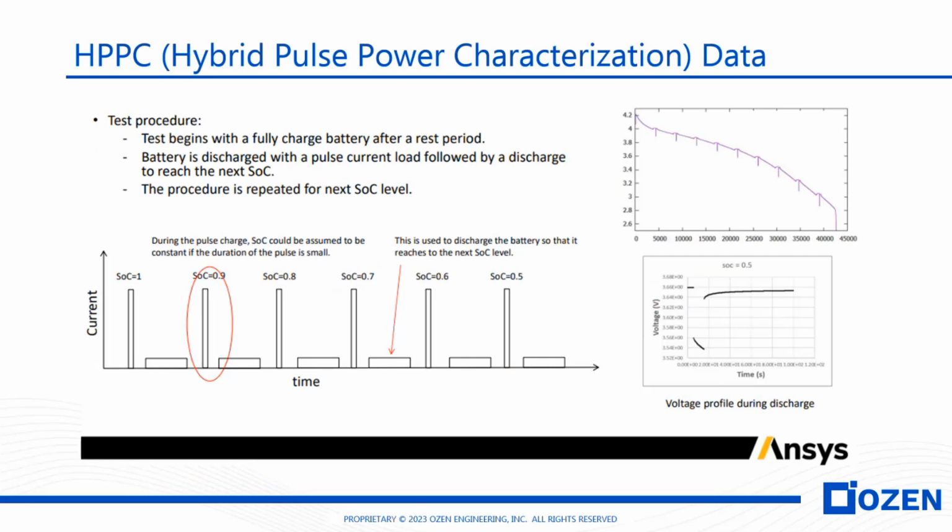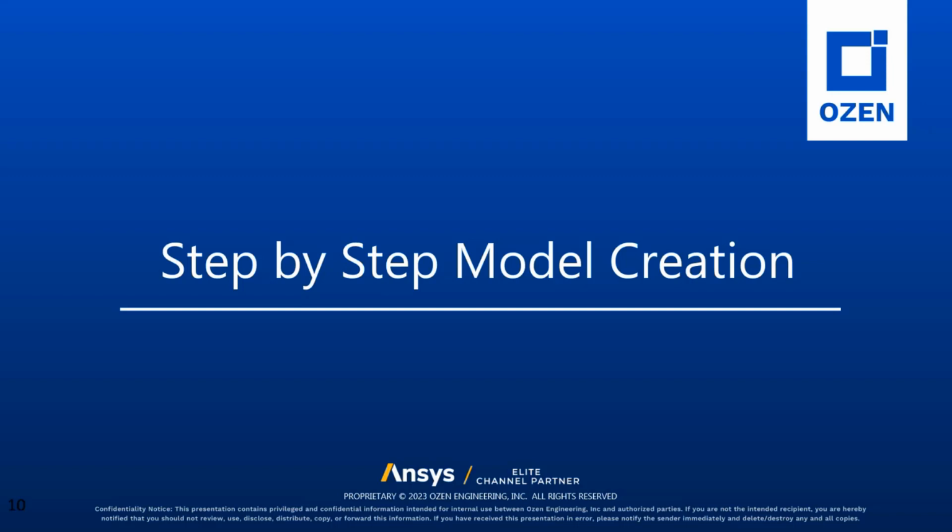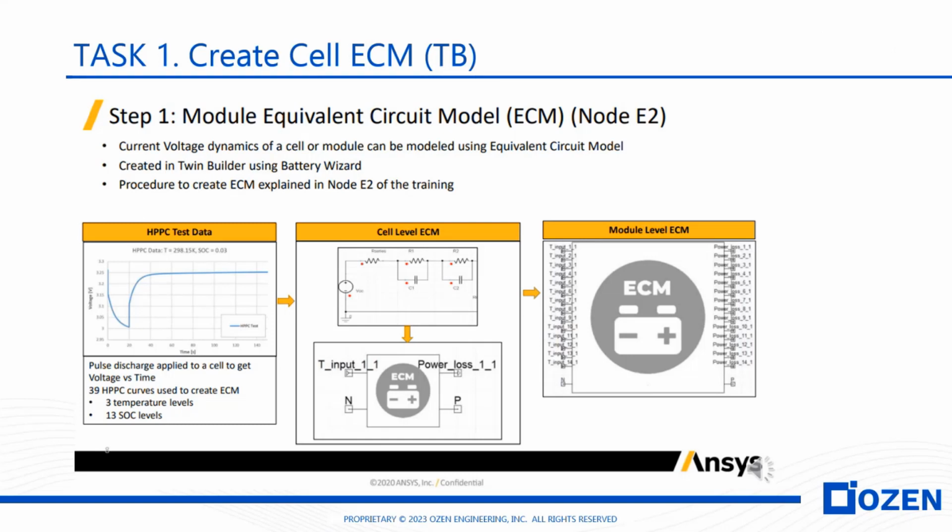This is essentially a certain defined test, and it provides us with information on battery discharge versus time, and the voltage profile during discharge. So this information we do need to define our cell model. Okay, so let's start with task one.